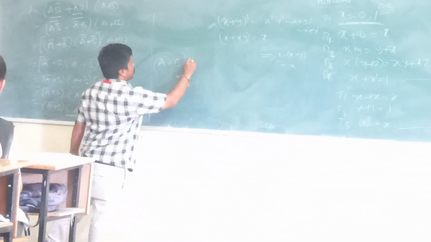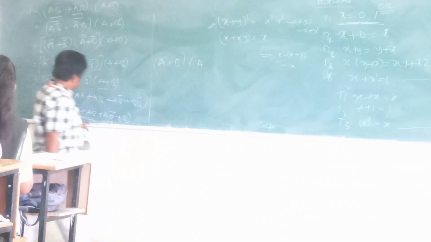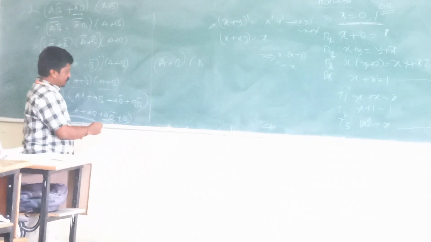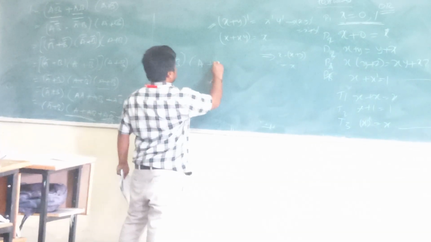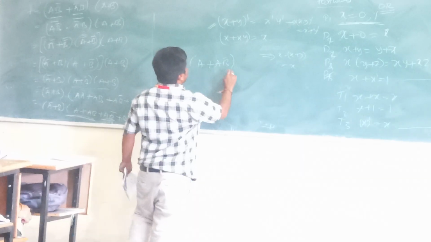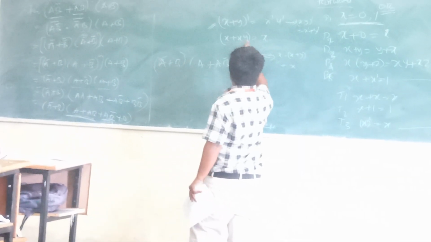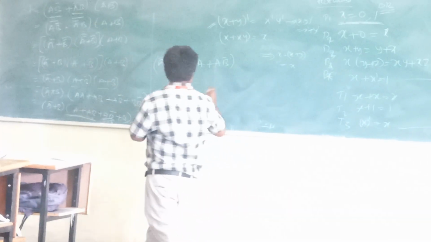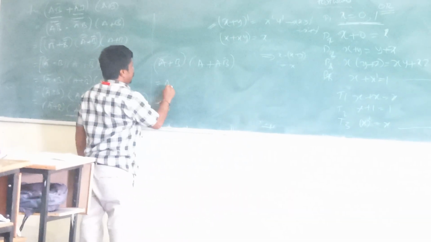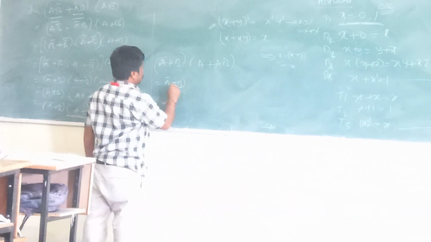The A only. And also I can write the same as AB plus AB'. The same thing I can also apply as X plus XY equals X. Okay, but here it is not possible. I have to take what here, the A' plus B.